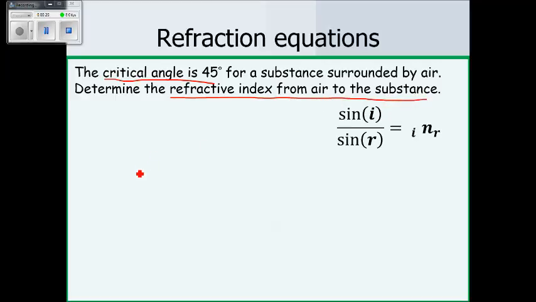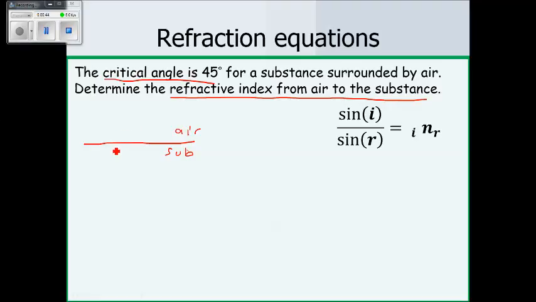If we first look at our case and I do a little sketch, we've got our substance located here, and we've got air on this side.